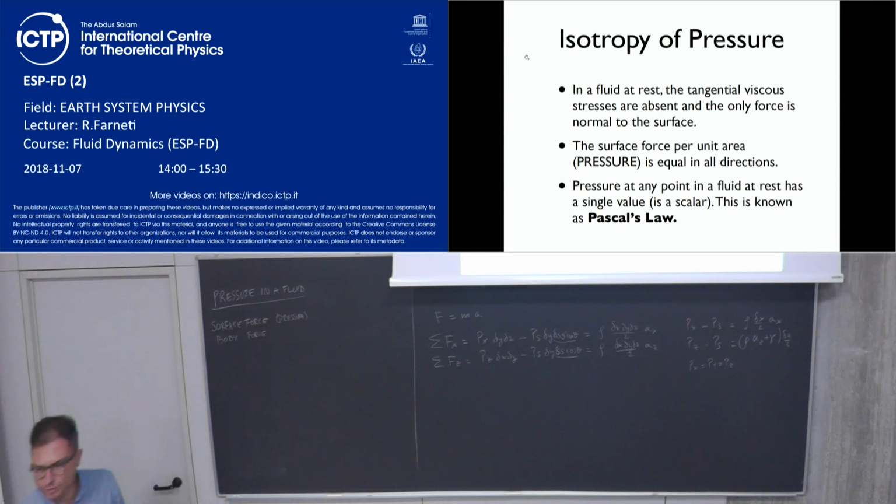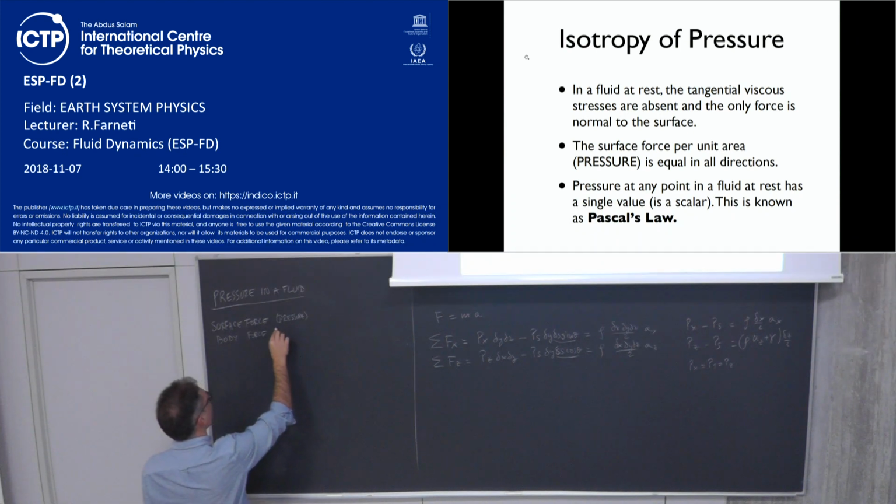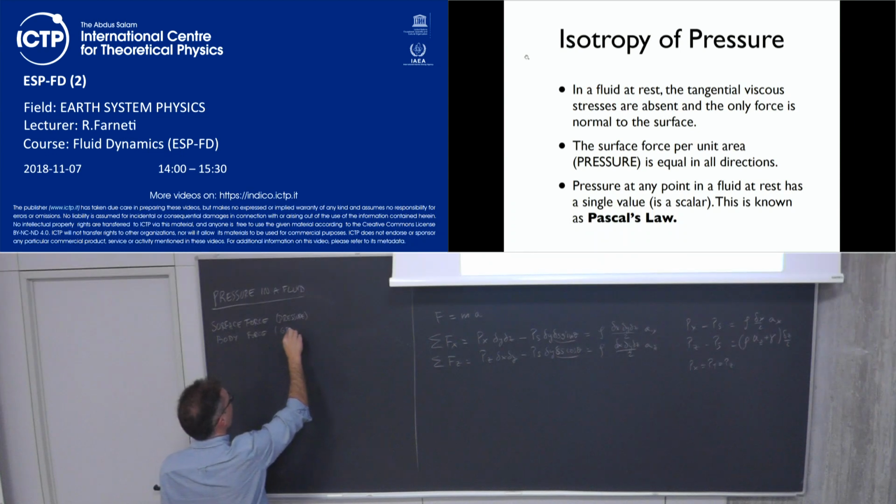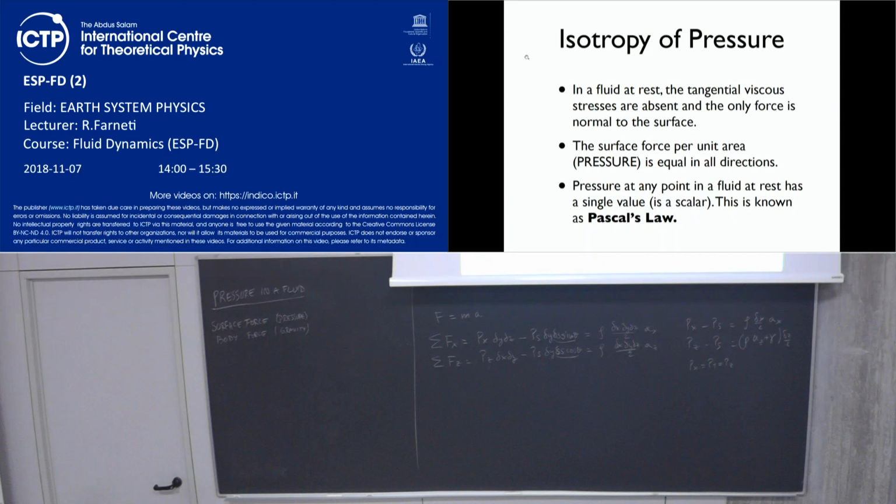We will define surface forces and body forces next time, but it's pretty intuitive. Surface force is pressure acting on the surface of the element of fluid, and the body force is, of course, gravity acting on the element of fluid.